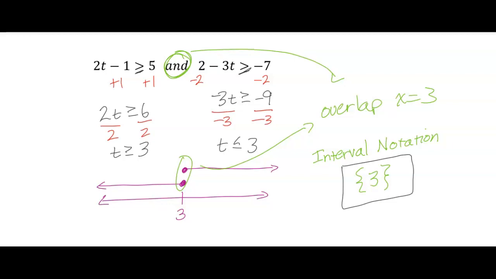The wiggly parentheses are for isolated individual numbers all by themselves. It's incredibly rare, but it is a possibility with an AND problem where the inequalities point two different directions, but they share the same endpoint and they include the endpoint. Then you might get a single isolated number all by itself and have to write it with the curly parentheses.